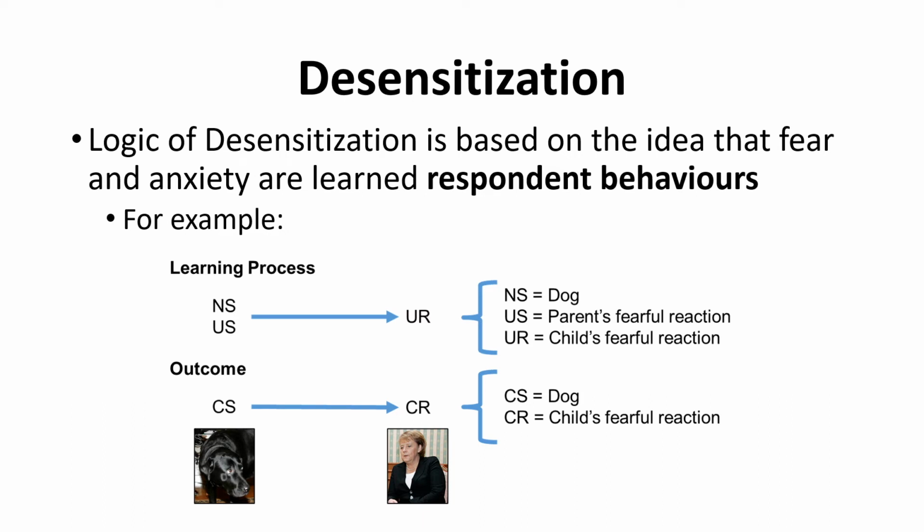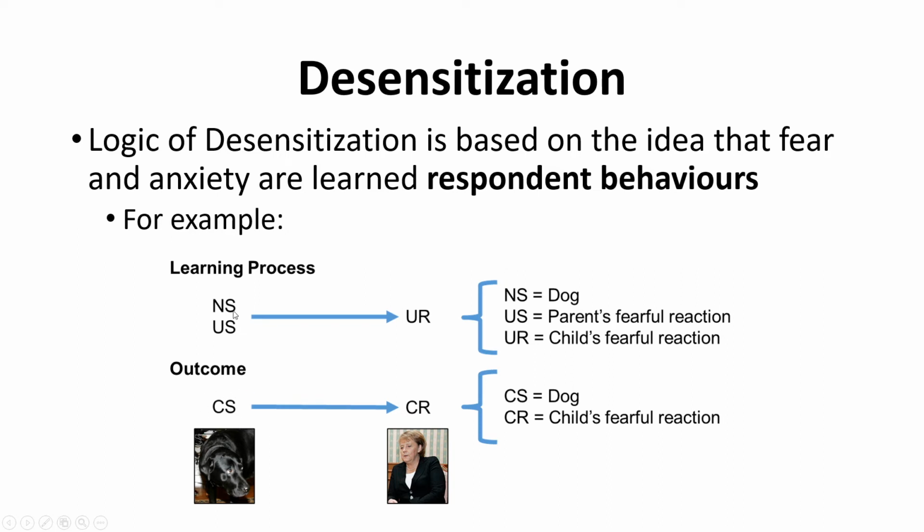Over time, that pairing of a neutral stimulus, the dog, and something else that they're observing that is going to lead them to feel that fear, having that unconditioned response, will lead that previously neutral stimulus to become a conditioned stimulus.